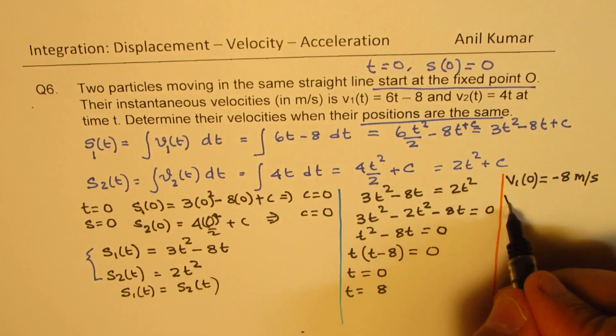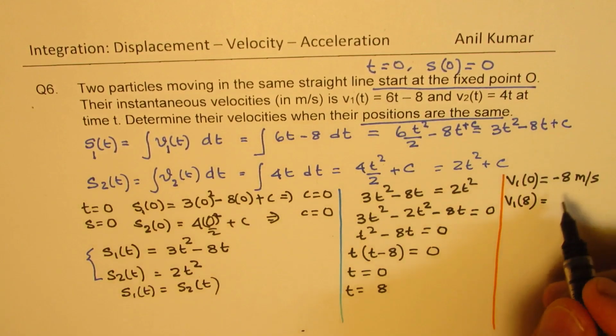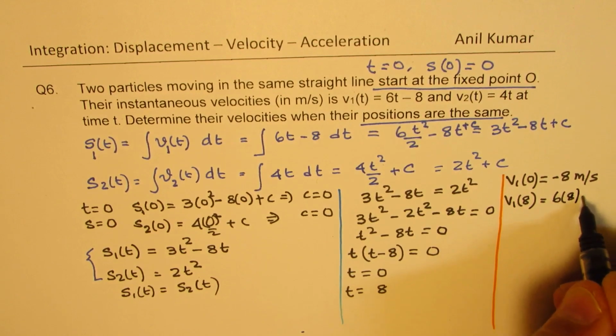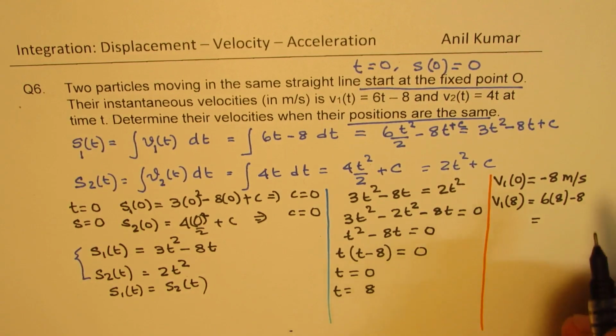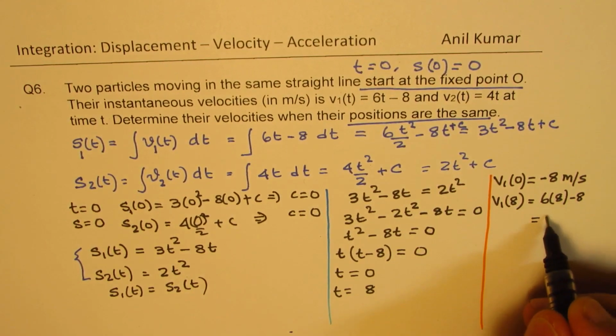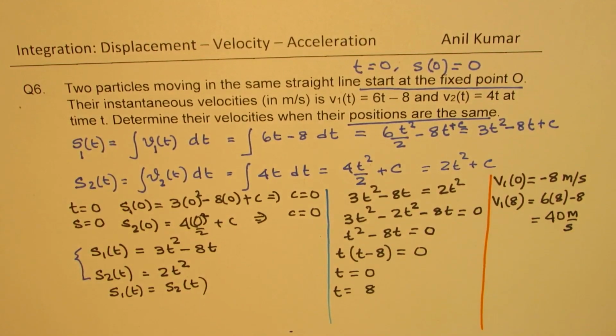And at 8, v1 at 8, we get 8 times 6 minus 8, so 6 times 8 is 48, minus 8 is 40 meters per second, correct? So that is for the first particle.